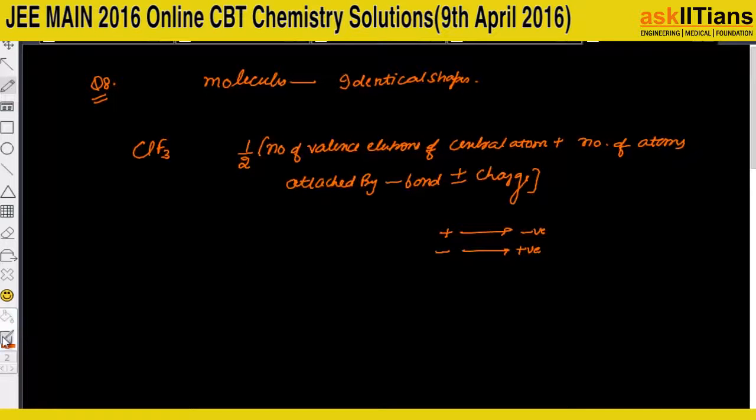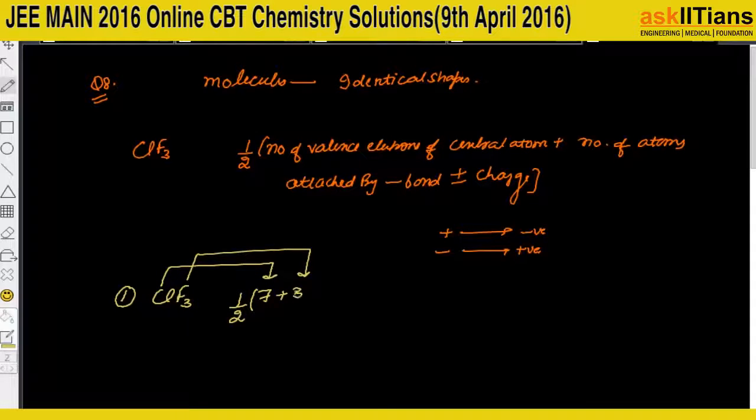So let's try to use up this formula for all the options given to us. The first is ClF3, half number of valence electrons of central atom 7 plus number of atoms attached by single bond 3. So this comes out to be 5. Out of 5, 3 are bond pairs and 2 are lone pairs.